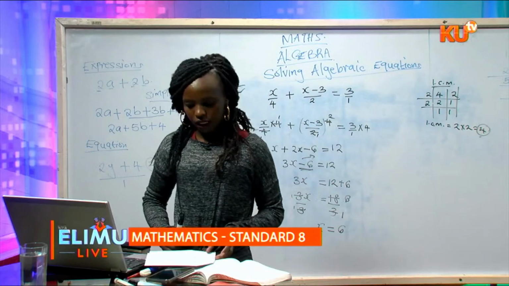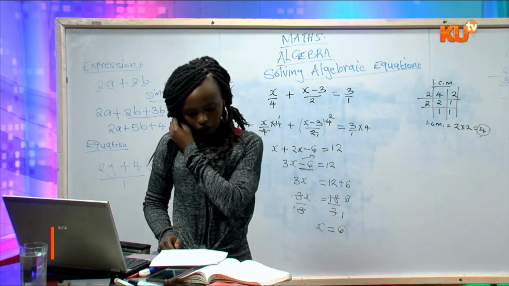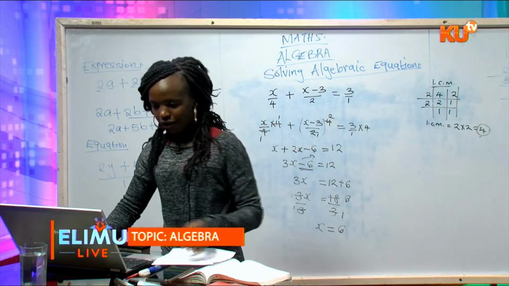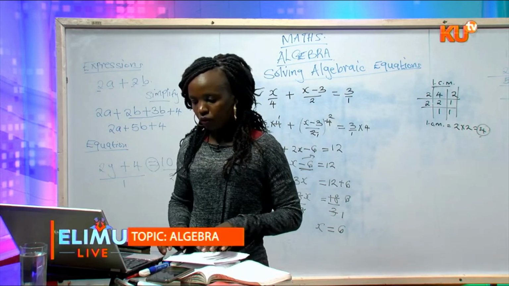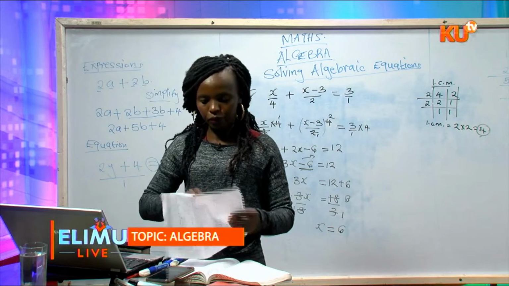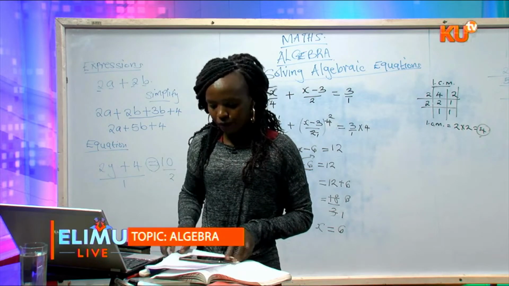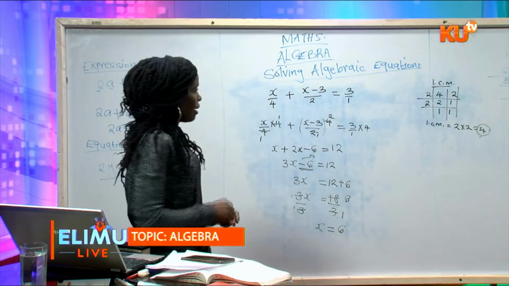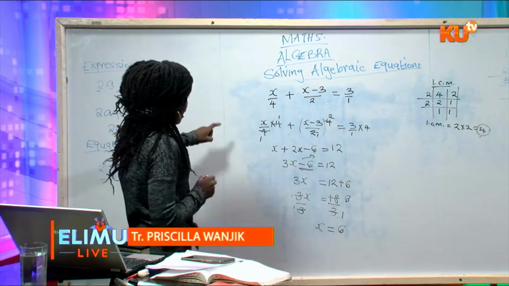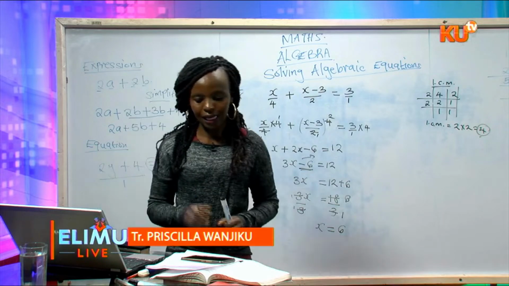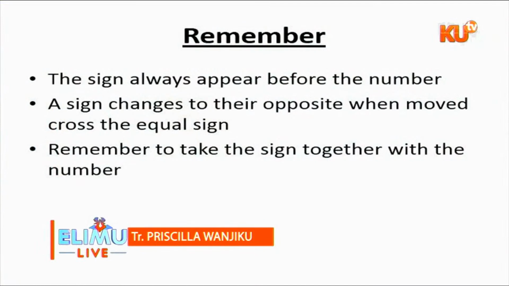So we have seen how to get the values of different equations, and I hope that we have understood, and we will be able to do the same if it is brought in the exam. So remember, in algebra, when you take a number to the other side of the equal sign, the sign changes to the opposite. The sign will always appear before the number.